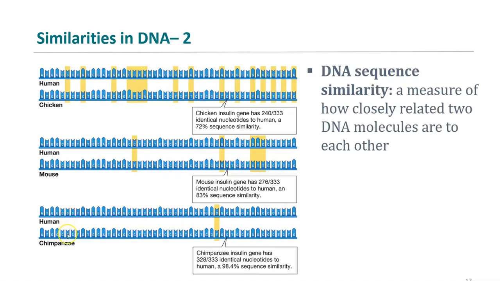If we compare humans to chimpanzees, which have a more recent ancestor, right? We are not descended from chimpanzees, but we are related to them. There are 328 out of 333, so 98% of that gene is the same, as compared to other mammals or to birds. So it shows a much closer relationship there.